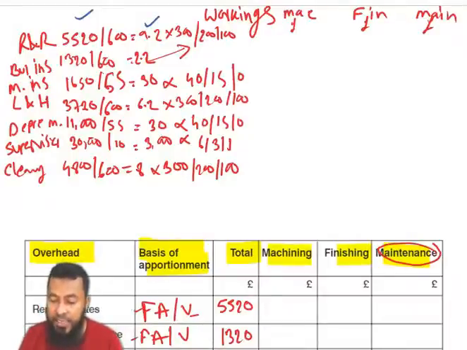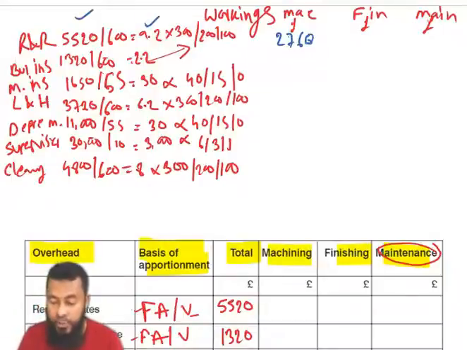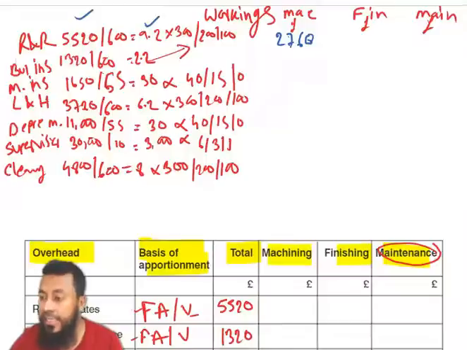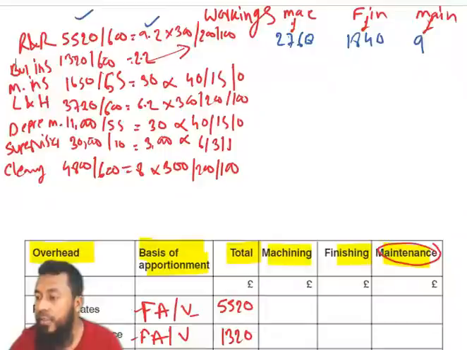Times 300, 2760 I got for machining, and 9.2 times 200 square meter for finishing is 1840, and maintenance is 9.2 times 100, which is 920. That is your rent and rates.